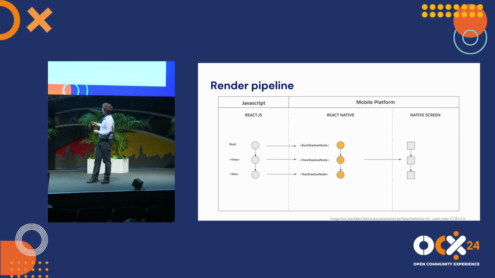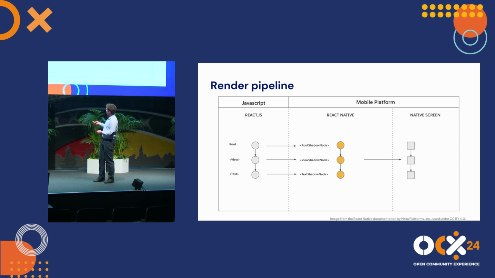So now let's look a bit at the rendering pipeline of React Native. It generally consists of 3 phases. It's the render, commit, and mount phases. In the first phase called render, React basically calls all the JSX components, which are functions, and constructs an element tree with that.